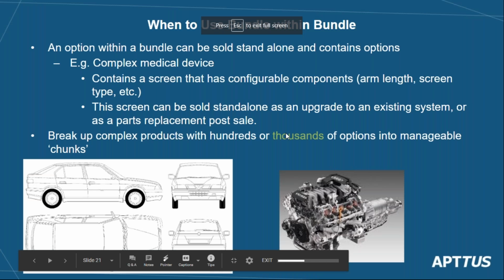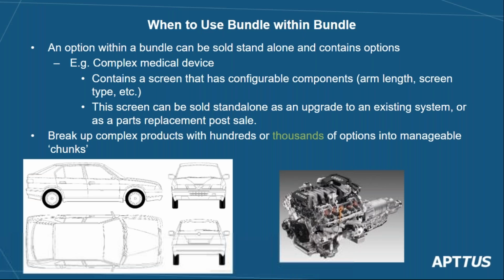So when to use this for complex medical devices? One example of a bundle within a bundle is a complex medical device, which contains a screen that has configurable components like arm length, screen type, etc. The screen can be sold standalone as an upgrade to an existing system and also as a part replacement post sale.